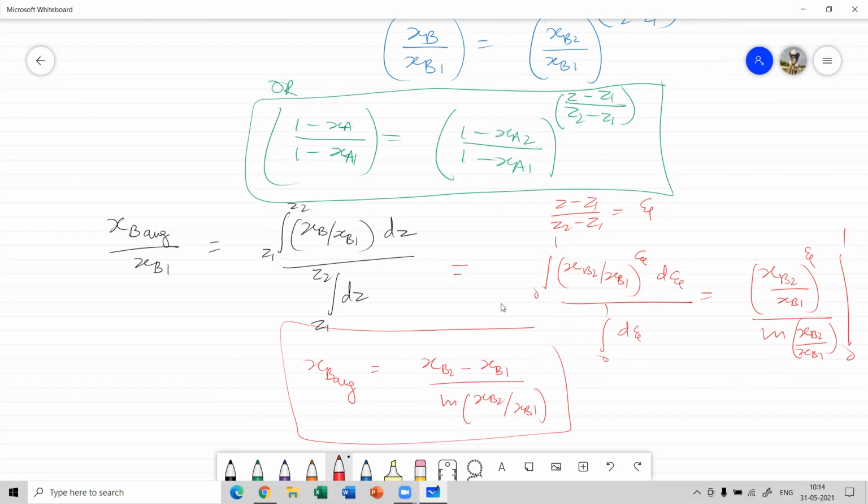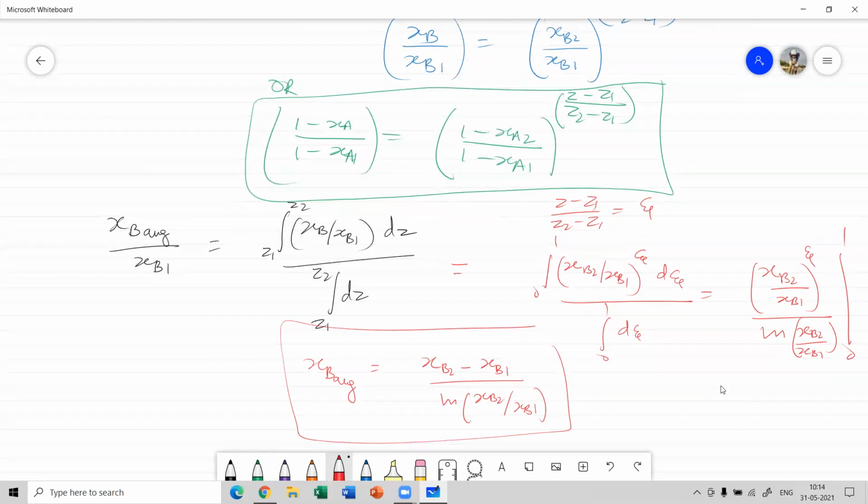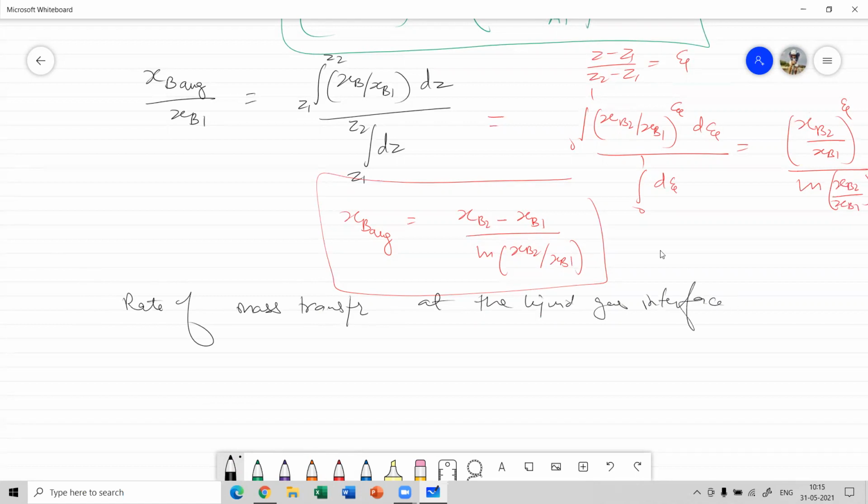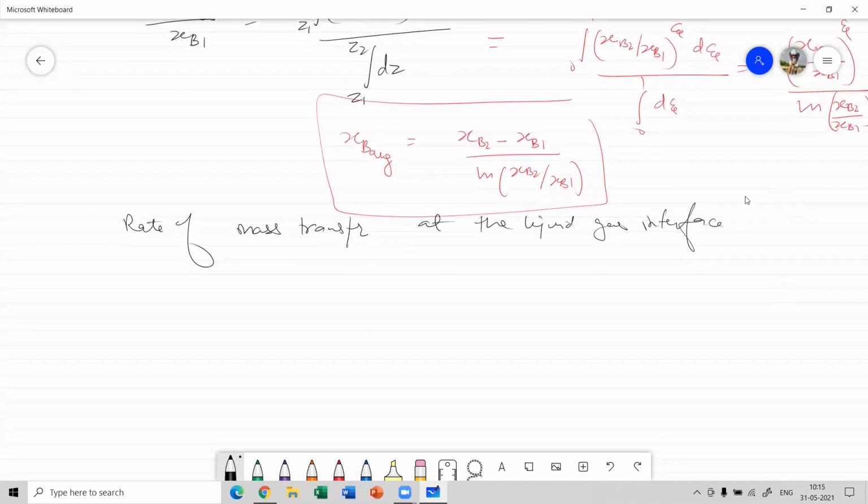Now if we want to find the rate of mass transfer at the liquid gas interface, that is, how much mass of A has diffused into B or passed through this liquid gas interface, we have NAz and we put z equal to z1.